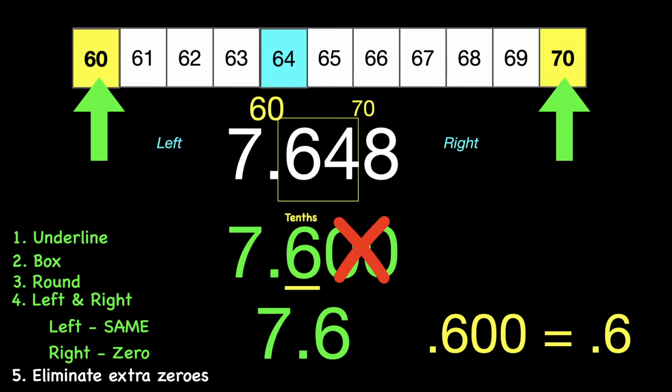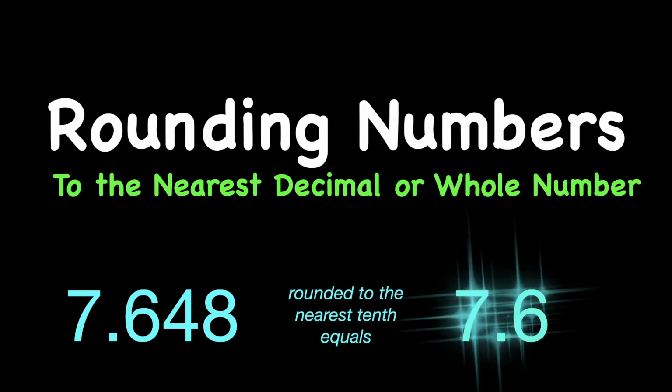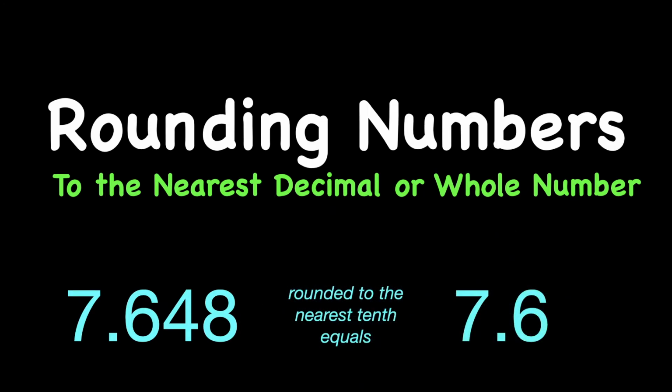We really could do a whole lesson on that, but do your best just to realize that we are allowed to remove those zeros today, and they can only be done for decimals. Okay, our answer would then read 7 and 648 thousandths rounded to the nearest tenth equals 7 and 6 tenths.